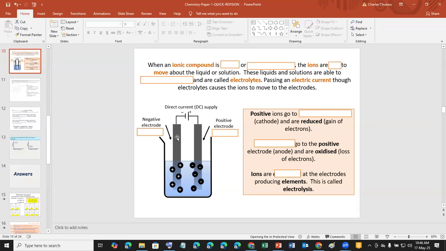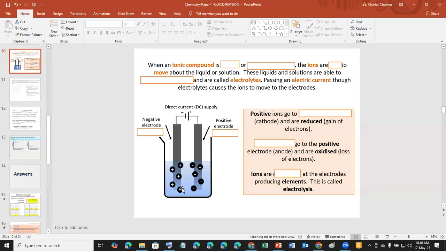At the end of the day, guess what will happen? As electrolysis proceeds, you will start noticing sodium forming on the negative electrode, showing you that the sodium atoms are becoming more.